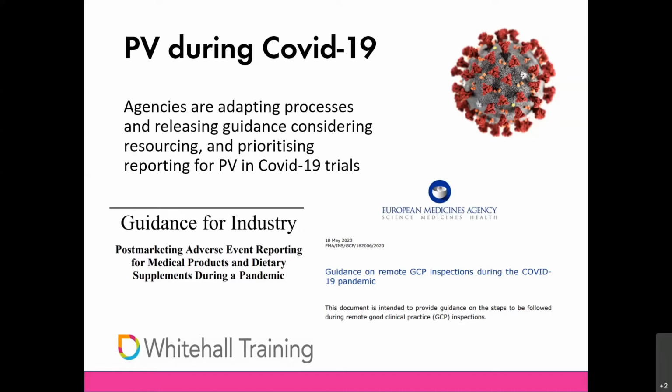So the two documents, again, I will send you the links to these, is the US guidance for industry post-marketing adverse event reporting for medical products and dietary supplements during a pandemic. I'll send you the link to that, and also the guidance on remote GCP inspections from the European Medicines Agency.